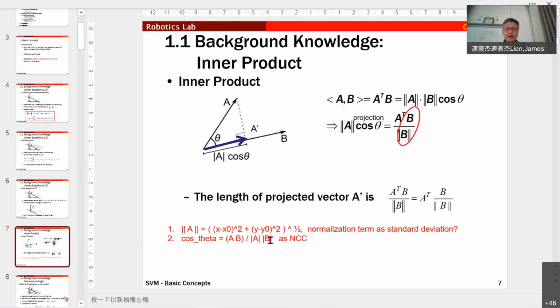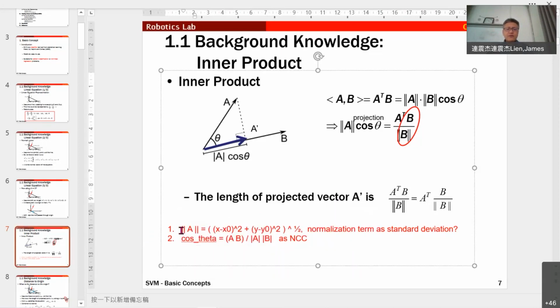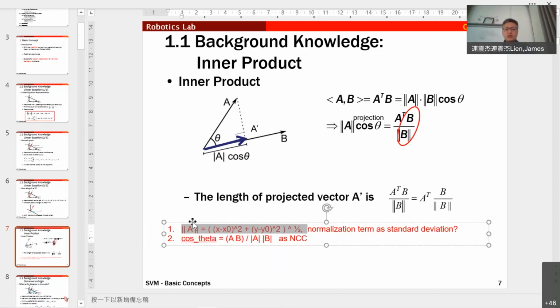Before we go on, what's the meaning of the absolute value? Absolute value means the distance between the point and the origin. This is a magnitude, and it is called the norm, N-O-R-M.